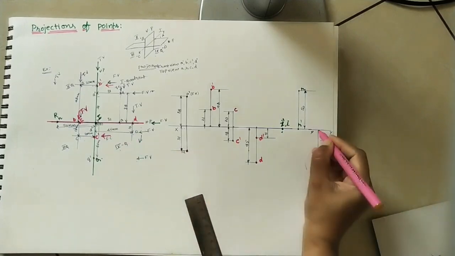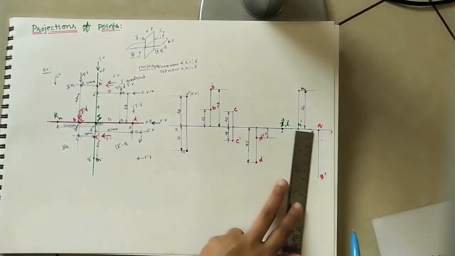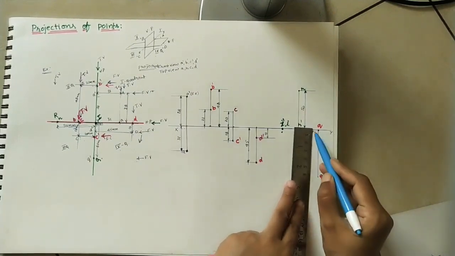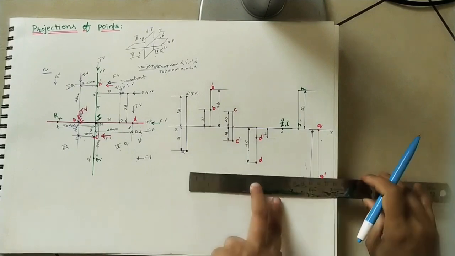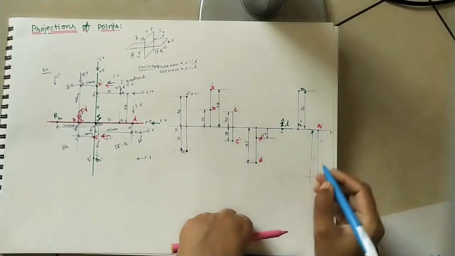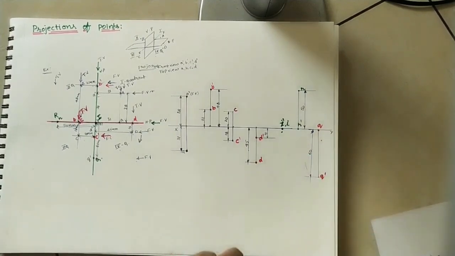Okay, so take this as Q here. Mark the given dimension. We can mark the dimension this side or this side. Any side we can do. So like that we can mark the dimensions. Like that we can mark projections of any given point.